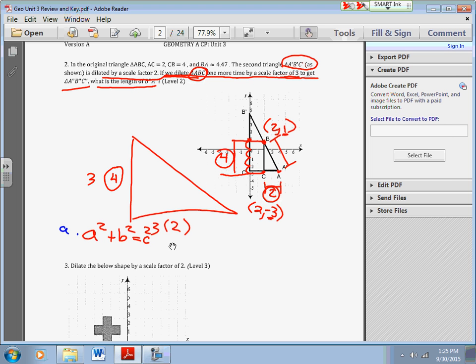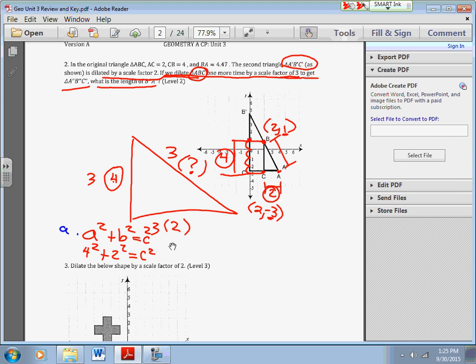Now remember, this side, whatever it's going to be for C, is also going to be multiplied by the scale factor, right? But you notice I don't know what it is right now. So it's going to be 4 squared plus 2 squared equals C squared. When I find C, I'll just multiply it by 3.